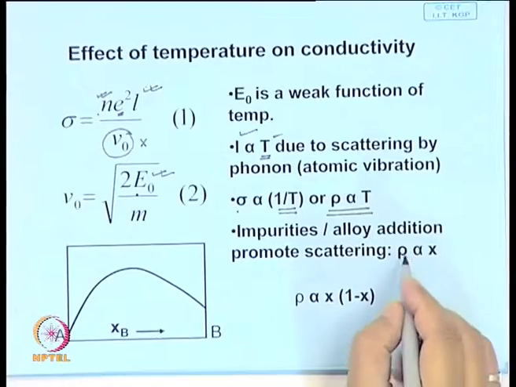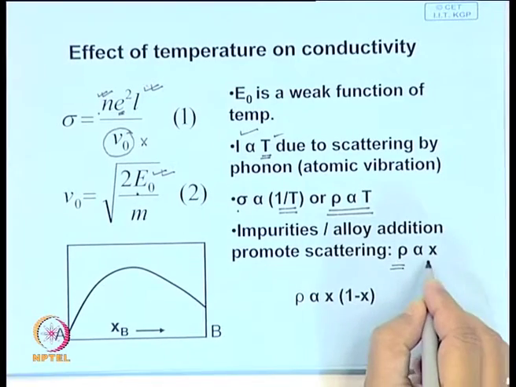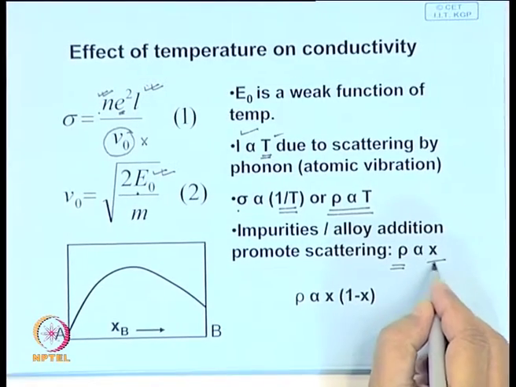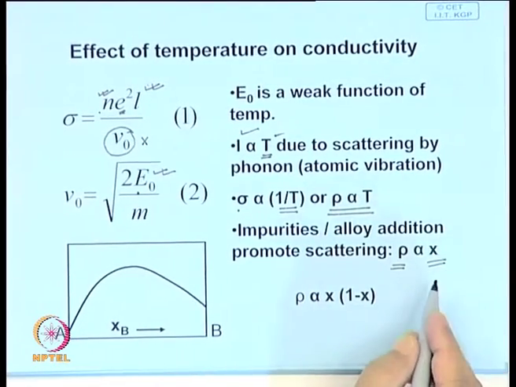So, they also will scatter electrons. Therefore, if you increase the impurity, there should be a direct relationship between resistivity and the concentration of these impurity elements, which is represented like this: rho is proportional to the atom fraction of that impurity.